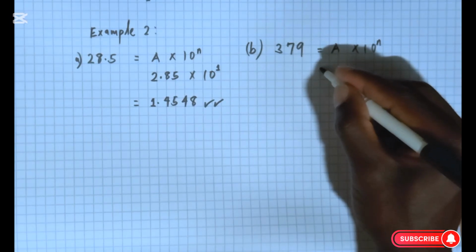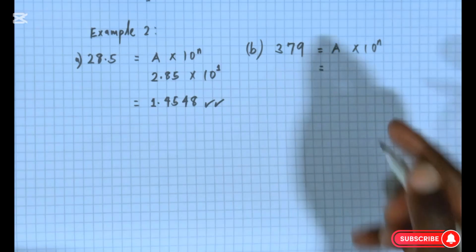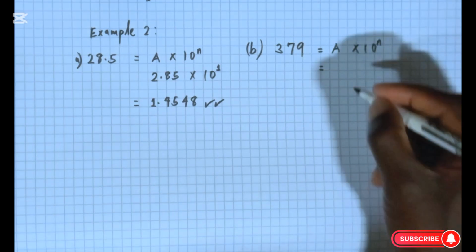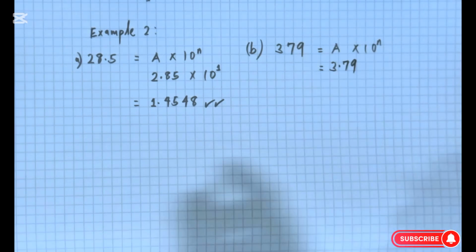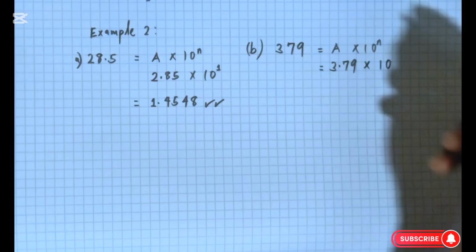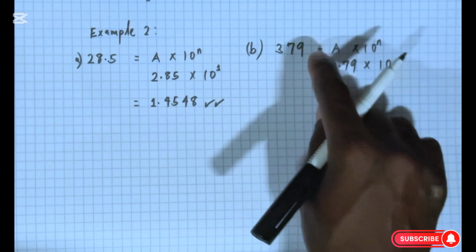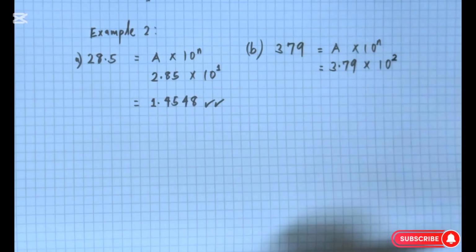We want to make sure that 3.79 is between 1 and 10, of course 10 not included. So we move the decimal point to the left until we have 3.79, times 10. The number of times we moved that decimal point was 2 times, so we are going to raise 10 to the power of 2.